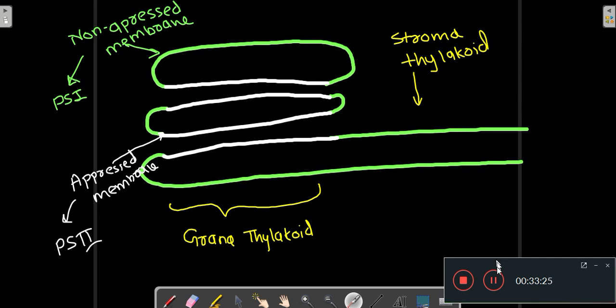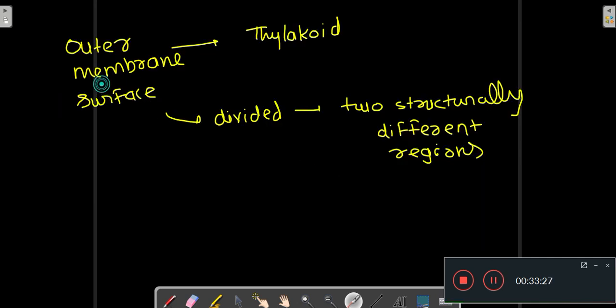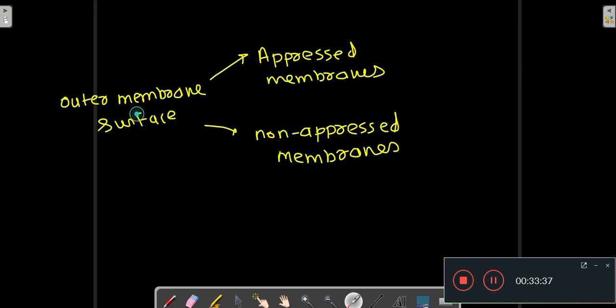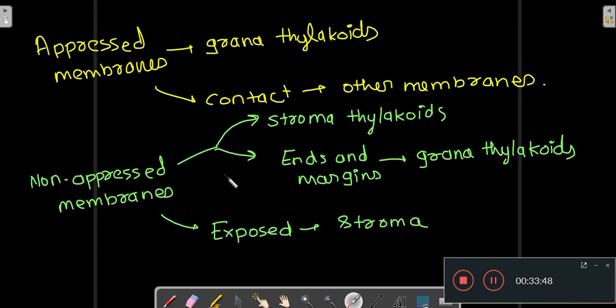Now the outer membrane surface of the thylakoid is divided into two structurally different regions, that is appressed membrane and non-appressed membranes. The appressed membranes are found in the grana thylakoids. These appressed membranes are in contact with other membranes.